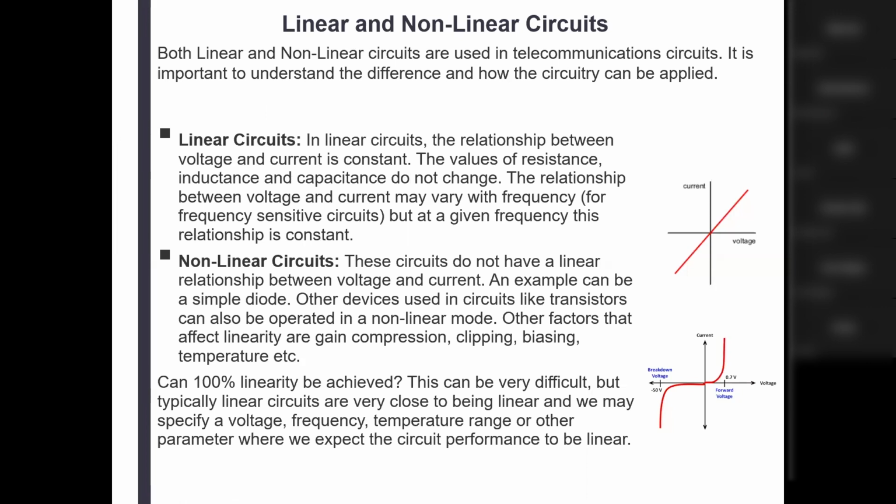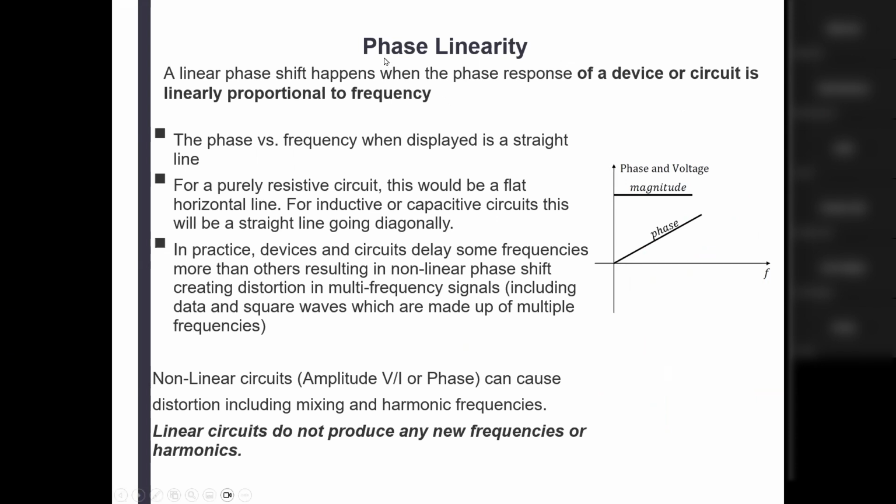From a certain voltage, it behaves a certain way. If you exceed some voltage, it behaves completely differently. If temperature changes, it might behave differently too. There's also phase linearity, but we're going to come back to that slide later on. I feel like I need to give you a little bit more on that one.